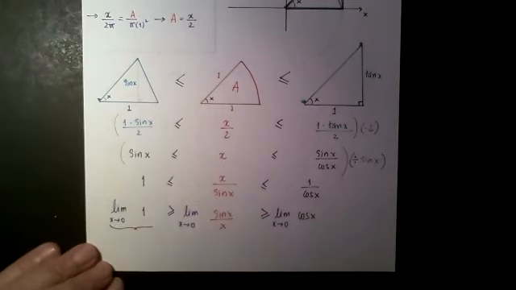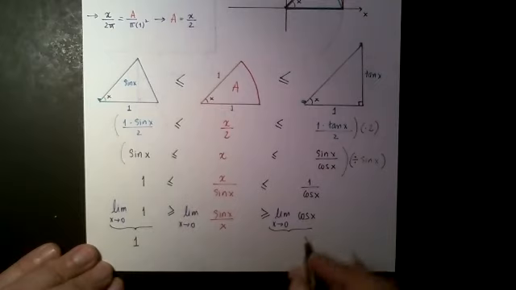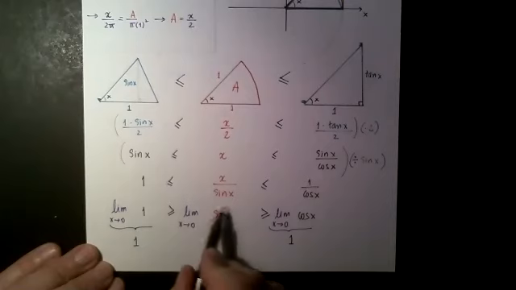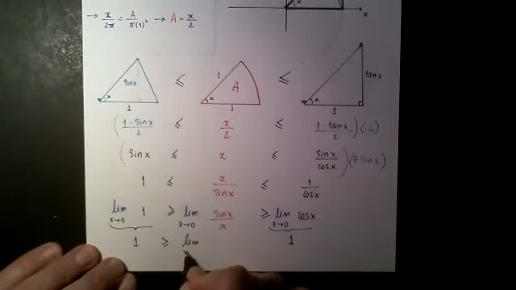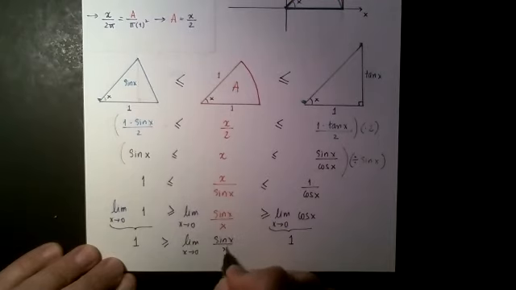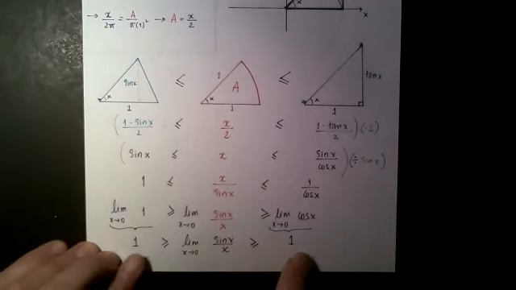This is how much? As x approaches 0 of 1, that's just 1. And this is how much? As x approaches 0 of cos x, cos of 0 is also 1. So I just showed that this limit, as x approaches 0 of sine x over x, is included between 1 and 1.